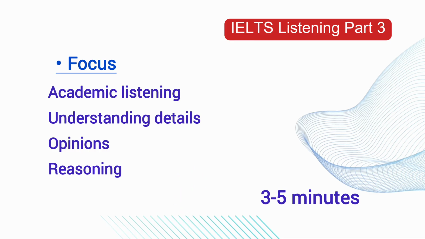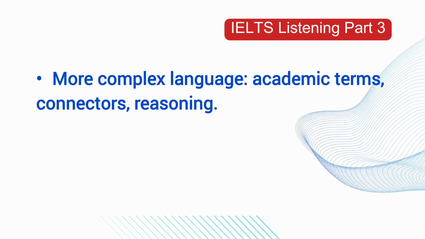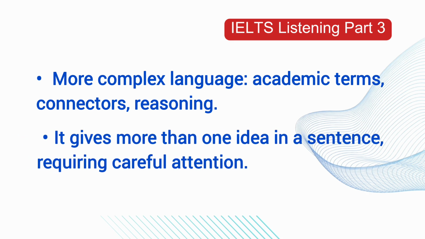IELTS Listening Part 3 uses more complex language. It uses academic terms, connectors, reasoning. It gives more than one idea in a sentence. It requires careful attention. Part 3 is more difficult, as it is usually a university-related conversation.